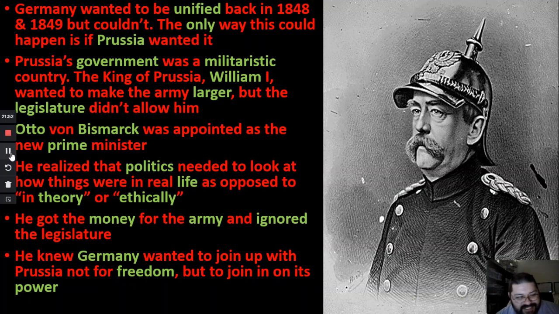Now the other thing too is that he and William the First knew the reason why these other German countries, city states, wanted to join with Prussia was not really to unify Germany or for freedom and things like that. It's because Prussia was powerful. And they knew these guys just want to team up with us because we're powerful.